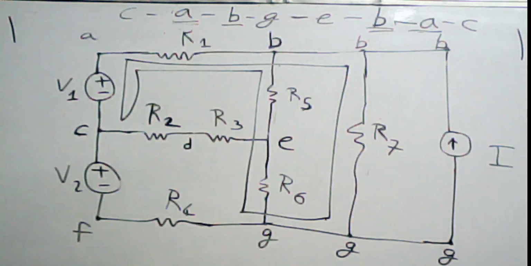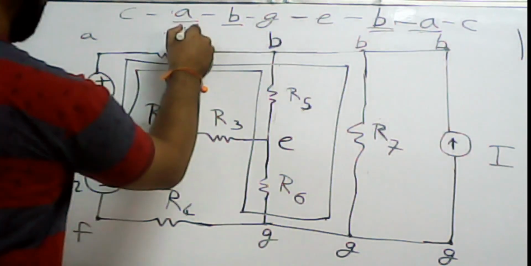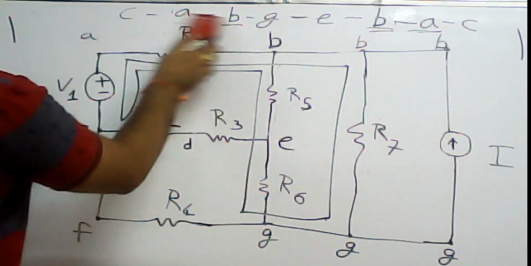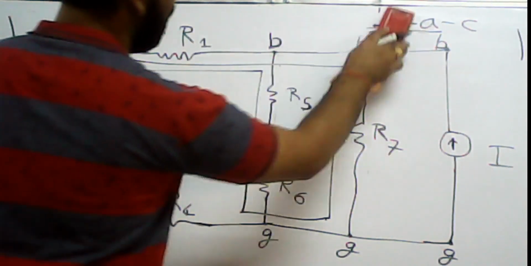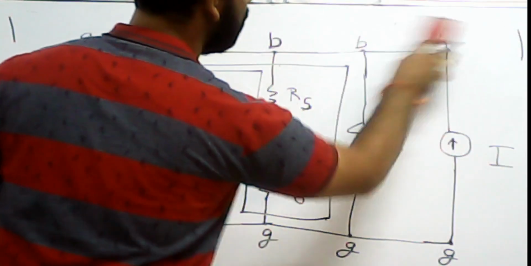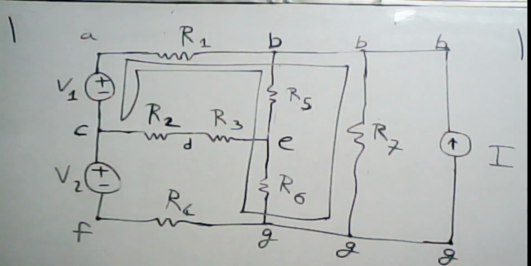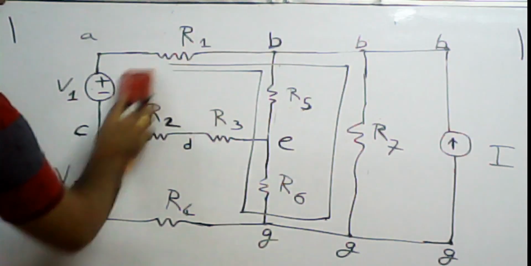So this cannot be considered as a loop. It should start from a node, it should end at the same node, and it should pass through any other node only once. If it is passing through any other node more than once, it cannot be called a loop. This is not a loop.